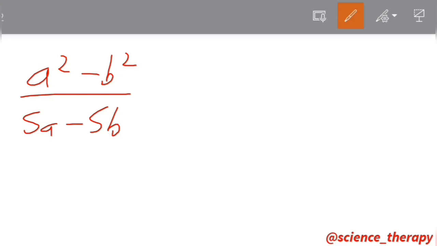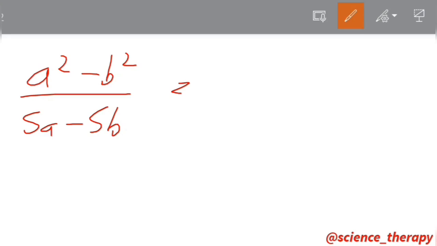Now, what we are actually aiming for here is that we have the same expression in the numerator and the denominator. So now we have a squared minus b squared, which we can see is a difference of two squares because all our variables are squared, there's a minus sign in between those two terms, and also there is no middle term, right?